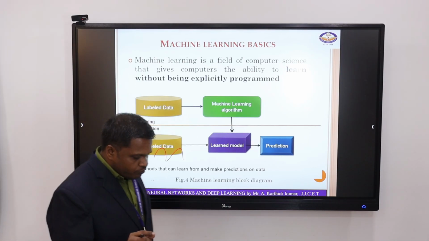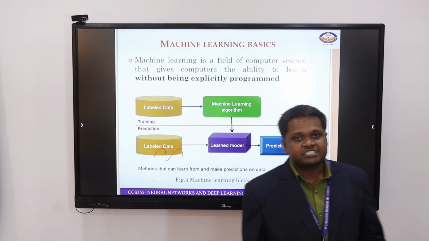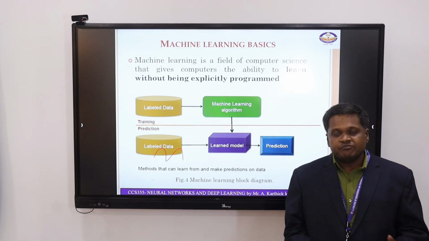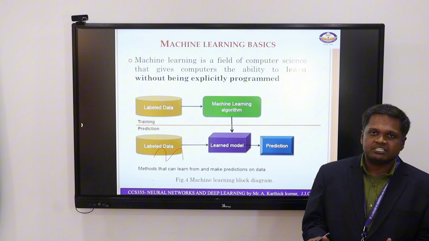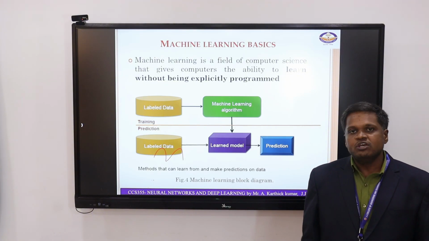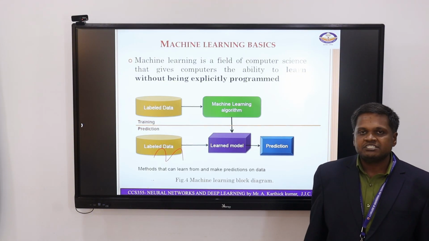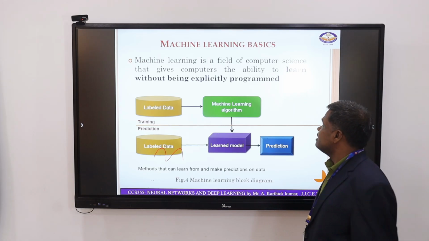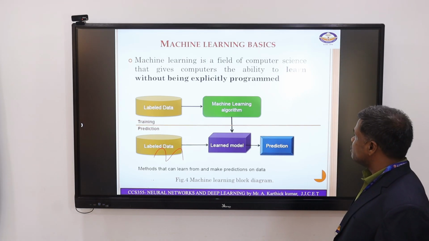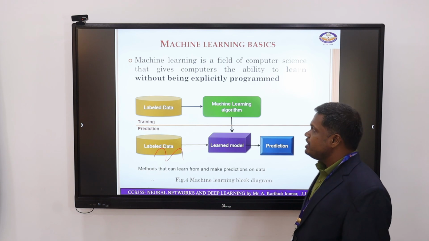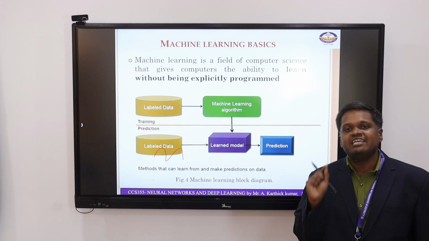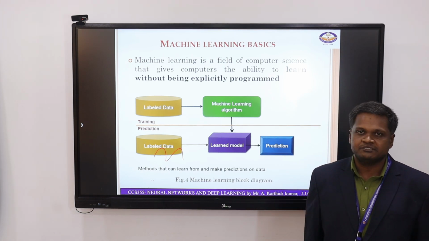Now we are going to see some introduction about machine learning, and then detailed explanations about deep learning. First, the definition of machine learning: it is the field of computer science concerned with the computer's ability to learn without being explicitly programmed.